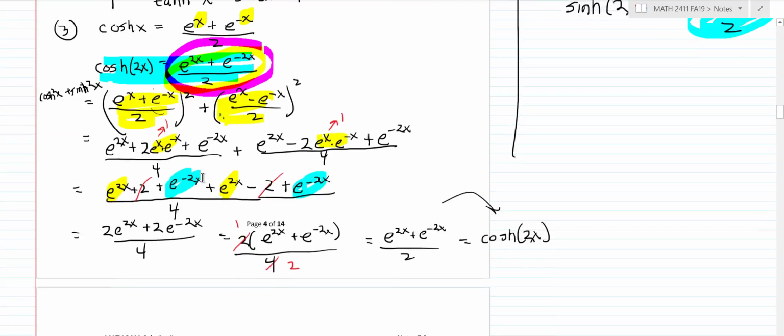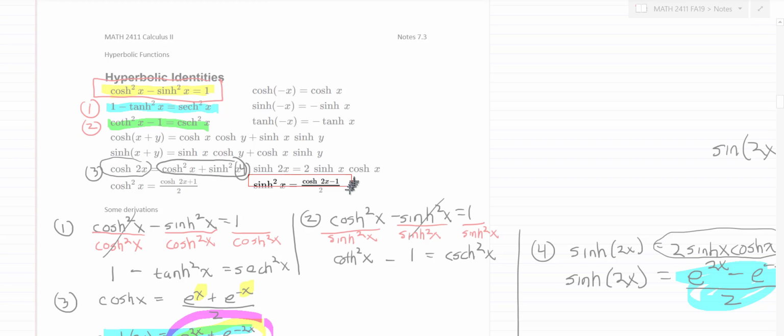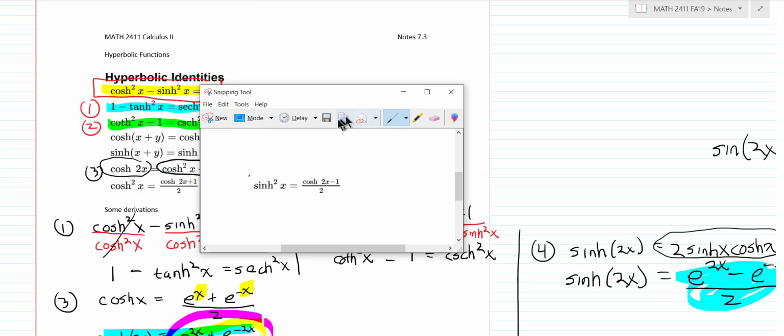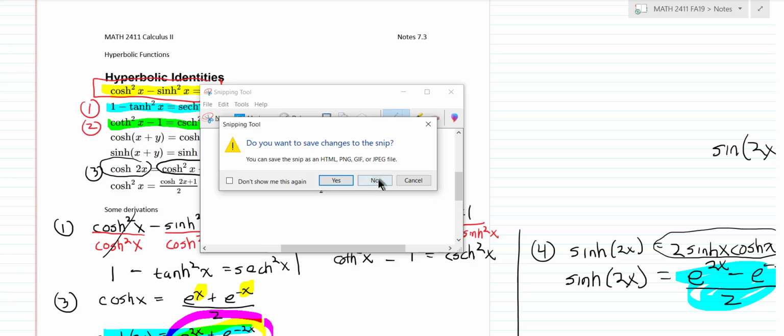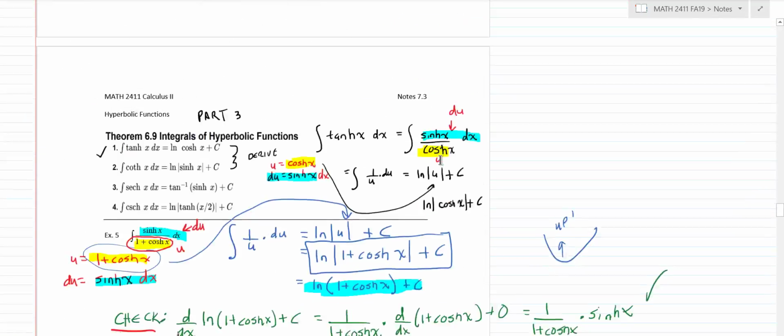Way back here, I put a bunch of identities. So here's the one that's useful. And you will recognize this, I think, based on what you've already learned about doing the integral of sine squared x and cosine squared x. So I'm just going to take a little snapshot of that, and then we're going to use that identity to work out this integral.